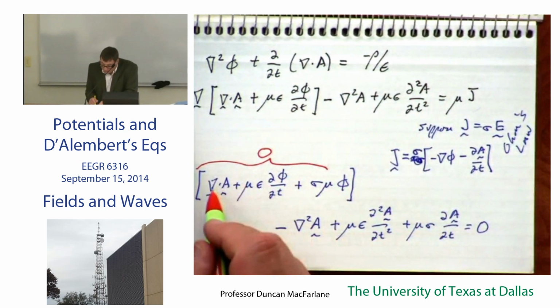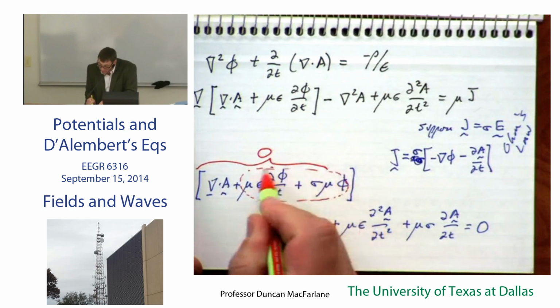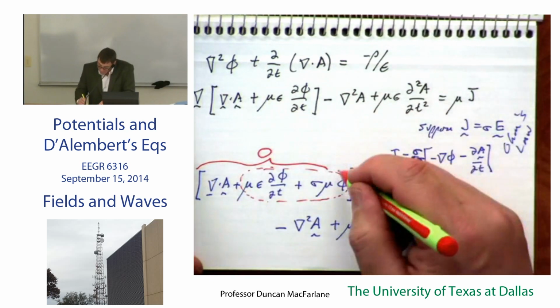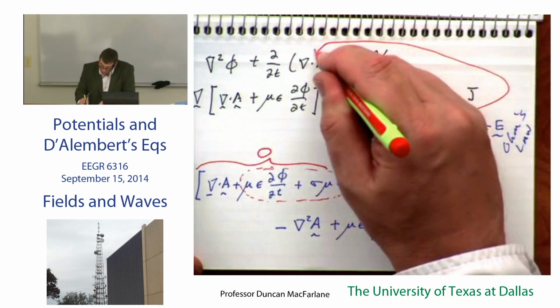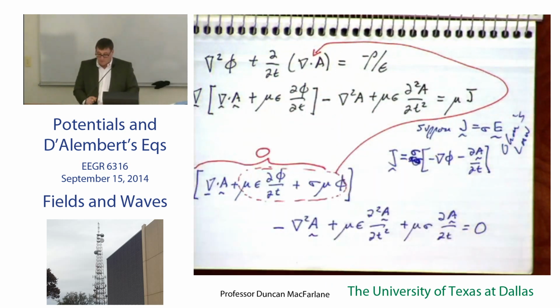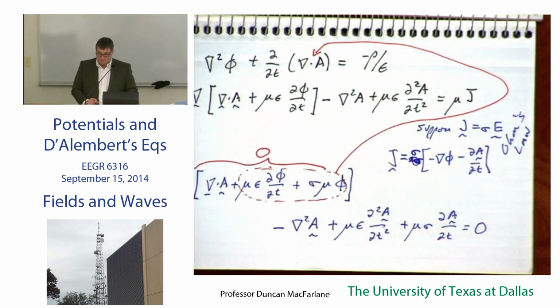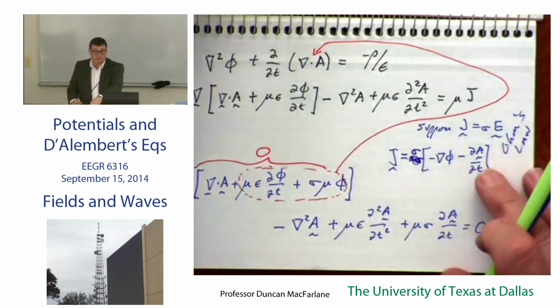And so the divergence of A goes into there. So this equation becomes decoupled with 1, 2, 3 terms in it. And this equation becomes decoupled with 1, 2, 3 terms in it. So a little bit harder than what we had before.